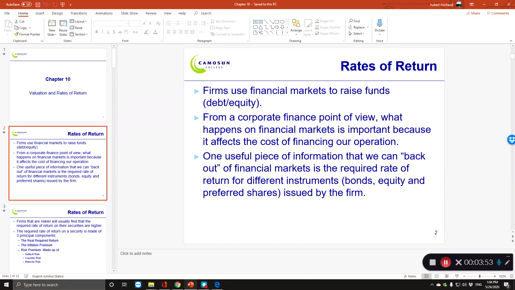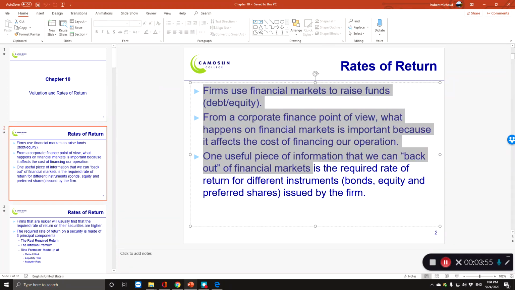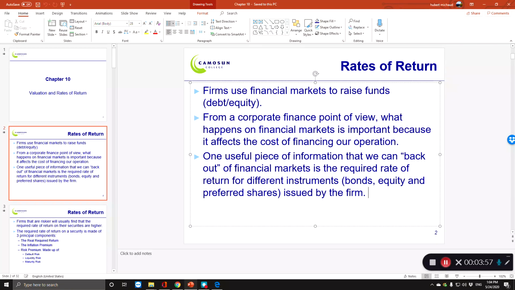Here's a little part where I talk about the fact that financial markets, like the stock exchange, are really useful for a firm because they allow it to have real-time information on the required return on the projects that the firm does.